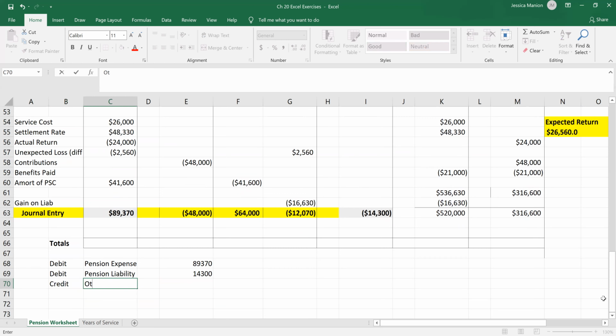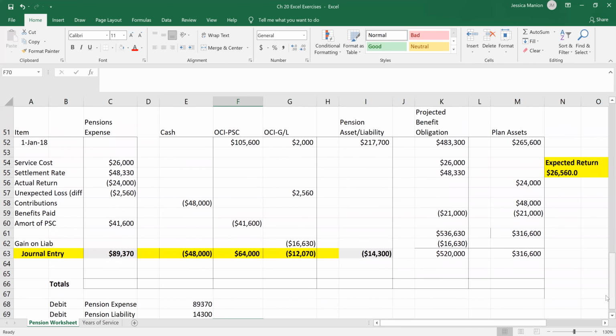Credit, I'm just going to abbreviate it, other comprehensive income for the gain/loss. And so that's the difference between, what do we have? You know what we didn't do is we don't have this. Somehow, I guess this didn't add in the total from here.